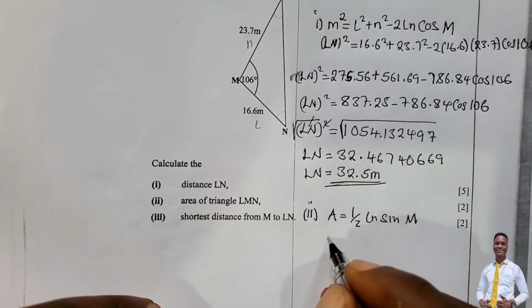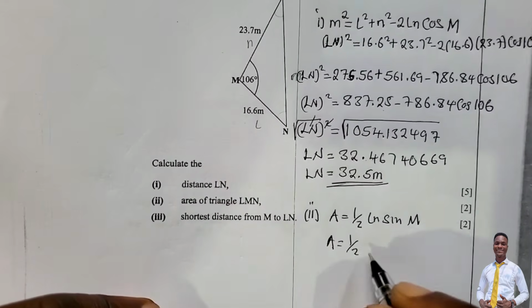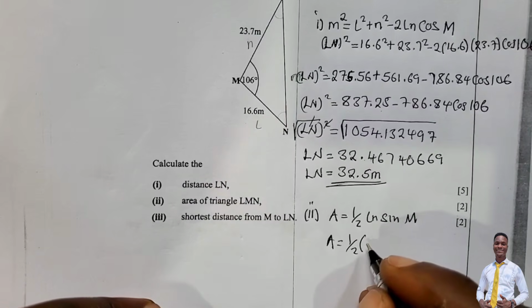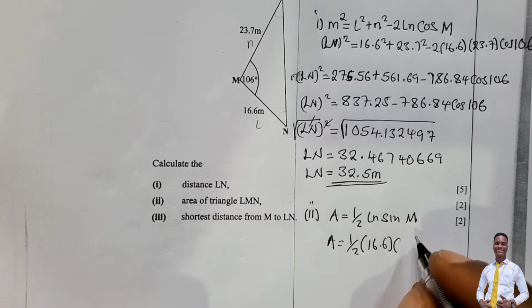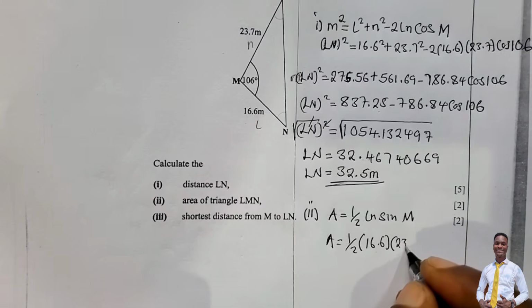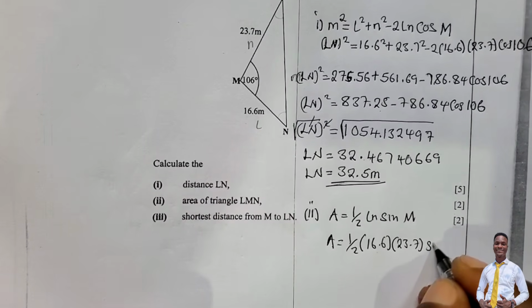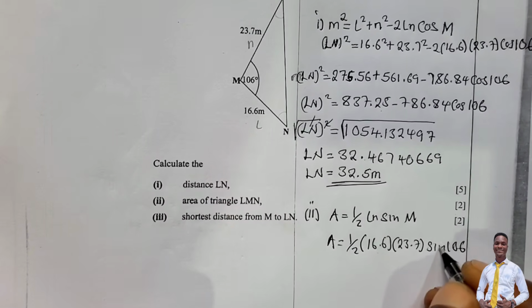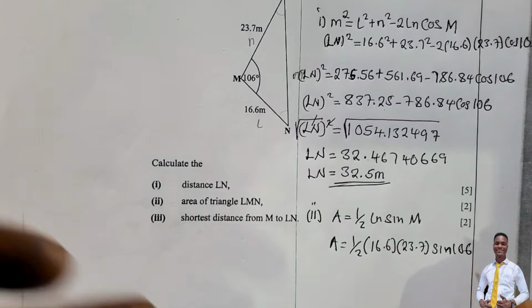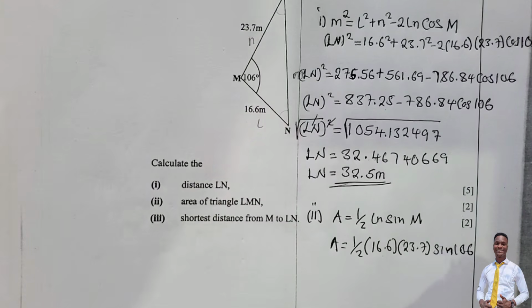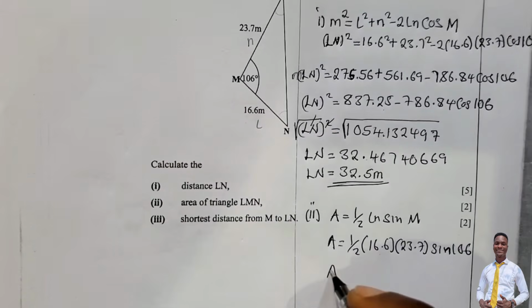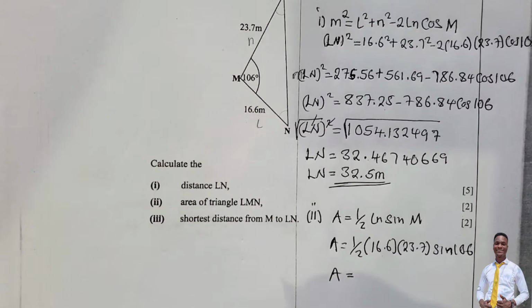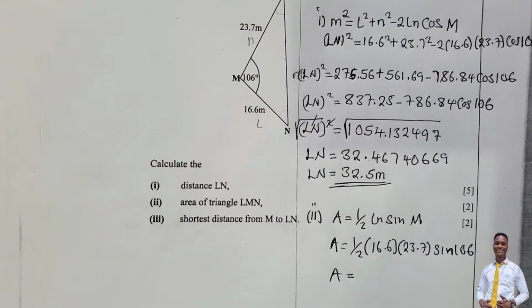So this will be area is equal to 1 over 2 times l, 16.6, times n, 23.7, sine 106. Okay, we use sine, not cosine. I know it's cosine rule, but when calculating area, we just use sine. Don't make that mistake of putting cos when calculating area.